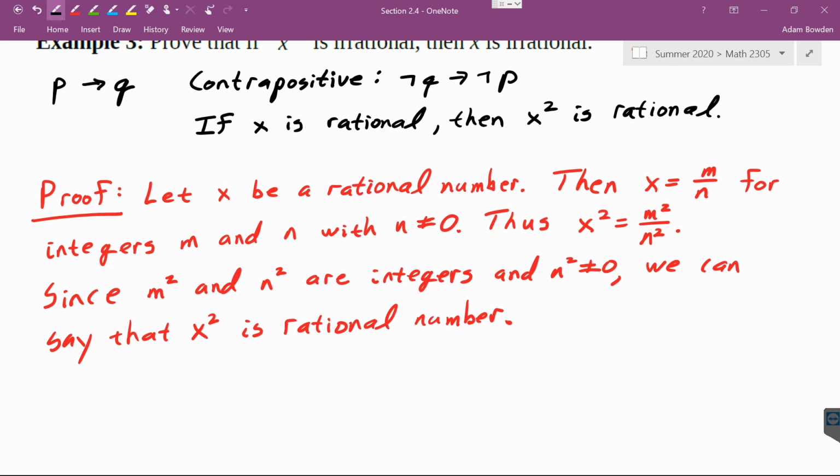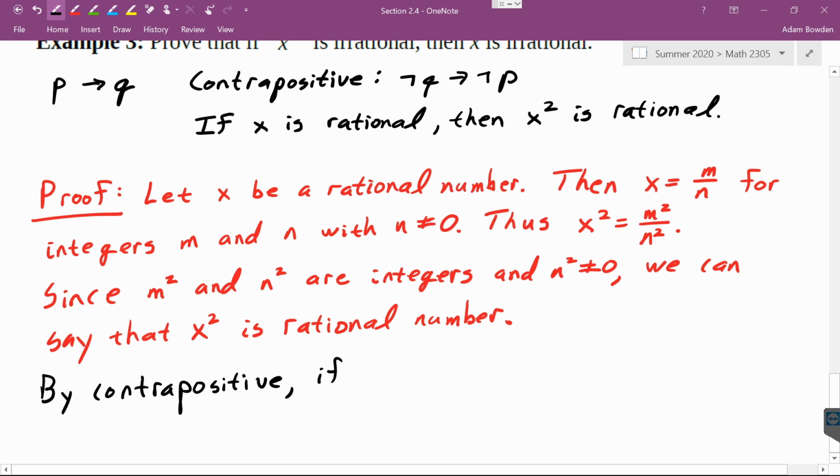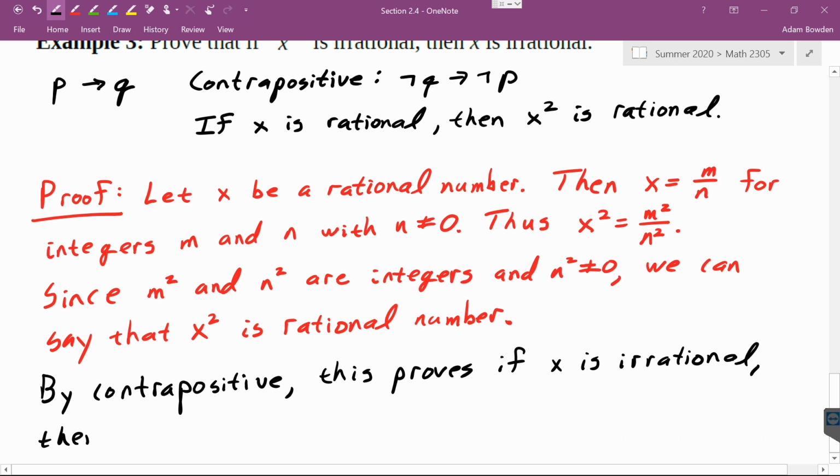And so by contrapositive, if we flip this back around to where we started, this would prove that the original statement is true. So this proves if x is irrational, then x squared is irrational.